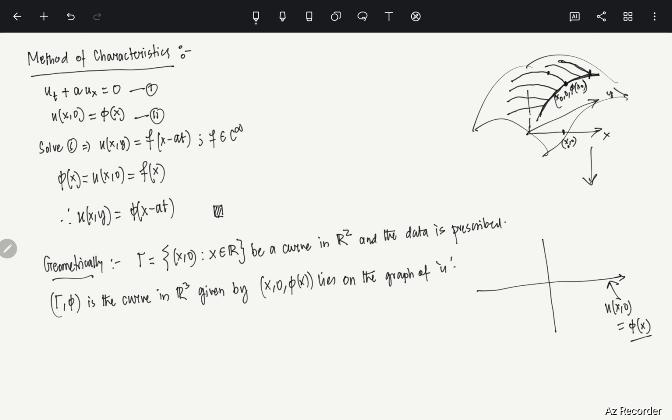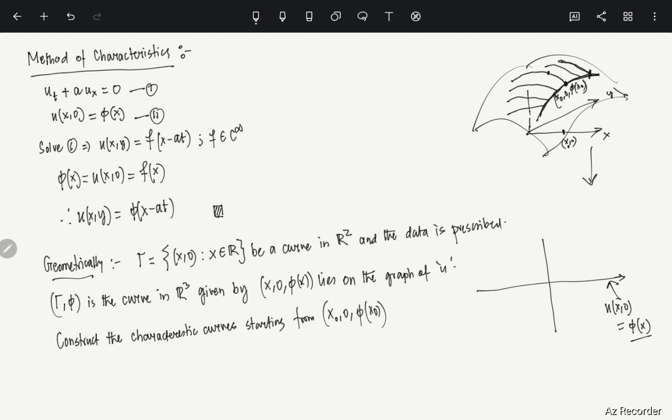So the idea is to construct the characteristic curves, starting from, let's say, x0, 0 and phi of x0. Is it okay? It starts from there and it moves on.